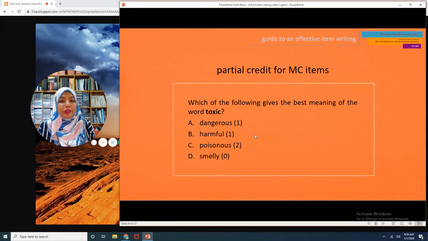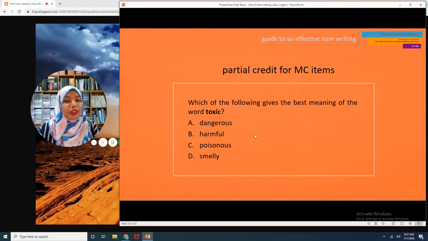And even though there's one most correct answer, which is poisonous, you don't want to disregard students who answer A, dangerous, or B, harmful, because they are still partially correct. Hence, you give 2 marks for those who went for C, and 1 mark for A and B, and 0 mark for smelly because that is not a correct option. You should start applying more partial credit items for our multiple choice questions.